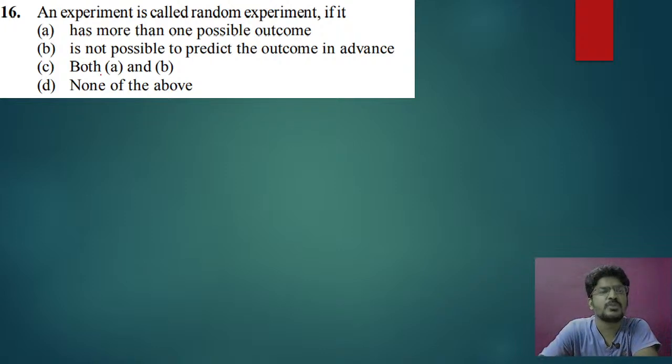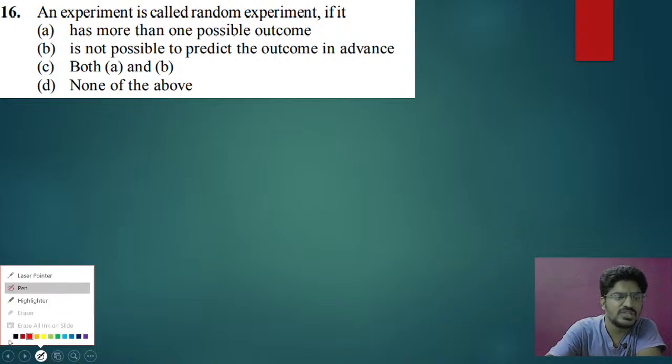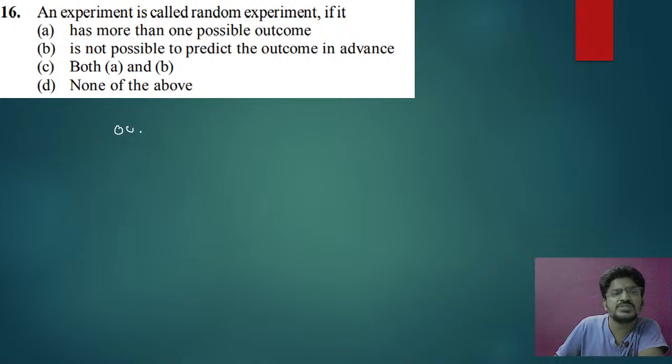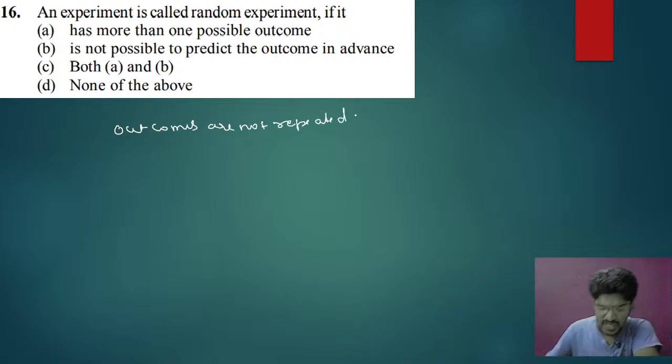So see the 16th problem: an experiment is called a random experiment if it is... A random experiment is one in which the outcomes are not repeated. Where the outcomes are not repeated, we can say it is a random experiment.